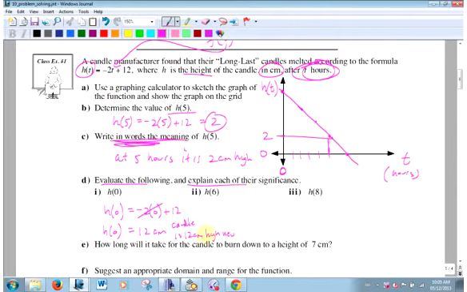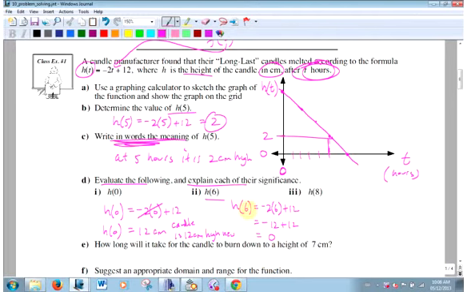Okay? All right, h of 6. Well, same thing. Let's substitute that 6 in the equation. Minus 2 times 6 plus 12. That's minus 12 plus 12. What's 12 take away 12? Nothing. What's the significance there?